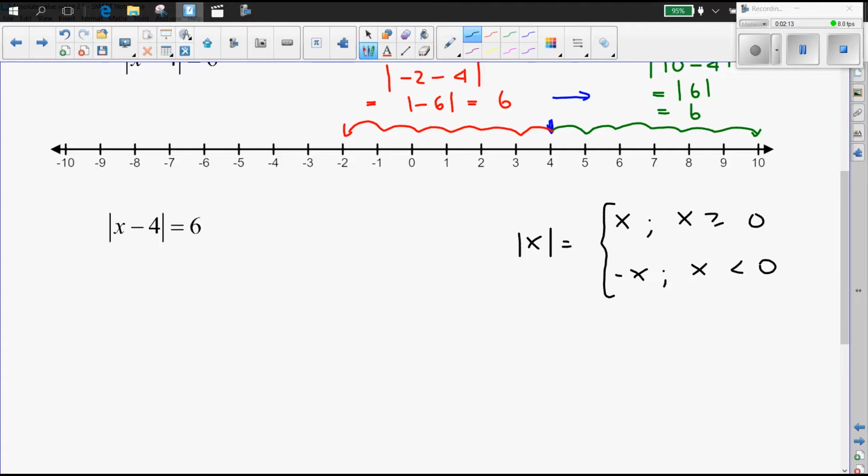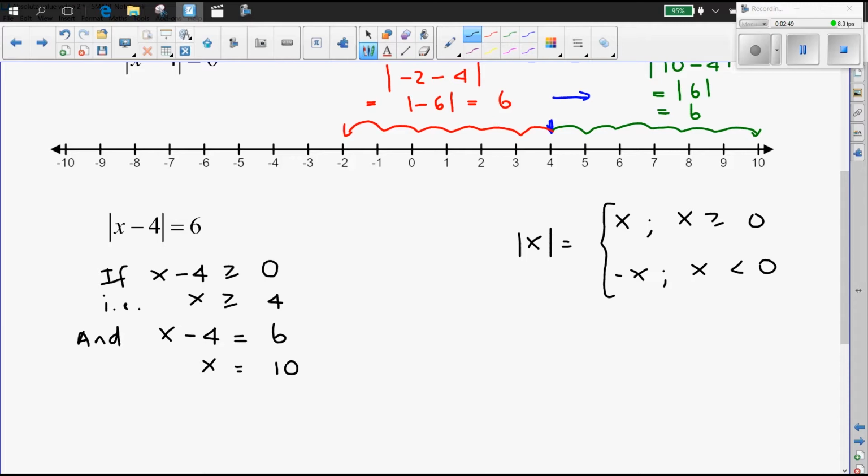So our question wants us to solve for x, and we have the absolute value of x minus 4 equals 6. We start by saying if x minus 4 is greater than or equal to 0, that is, if x is greater than or equal to 4, and x minus 4 equals 6, I solve and get x equals 10.